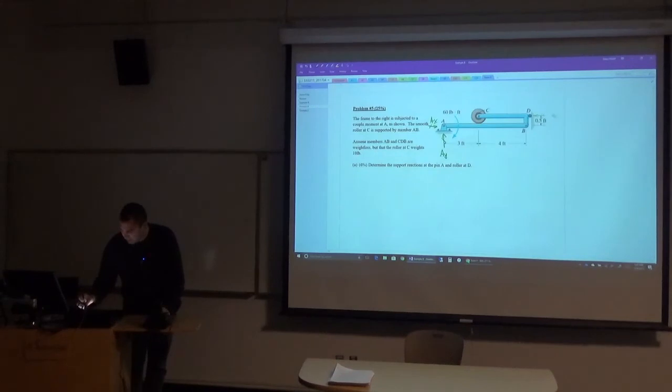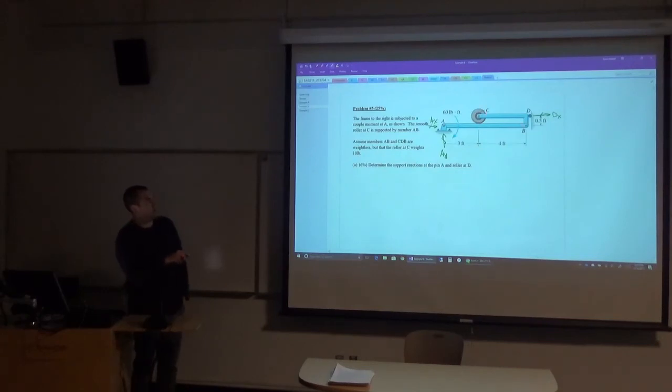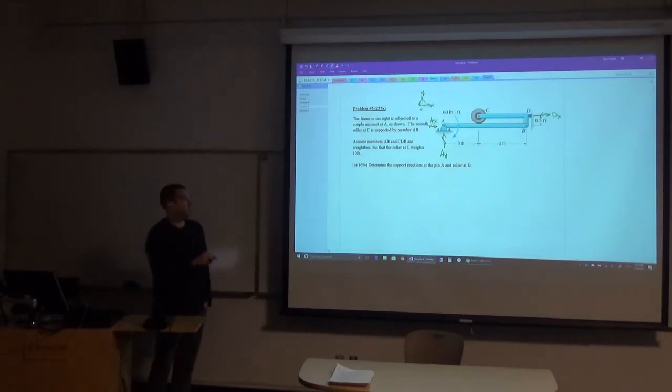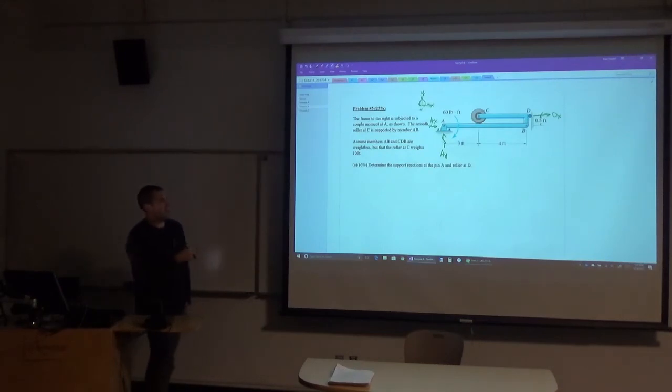Doesn't matter if we guess the wrong direction, that's fine. I'm trying to get into the trend of showing everything in the positive X and positive Y, just to make the equilibrium equations a little more straightforward. I've shown all of the reactions either in the positive X or the positive Y. You don't have to do that, but I think it makes the equilibrium equations a little easier, with one less thing to worry about in terms of signs.